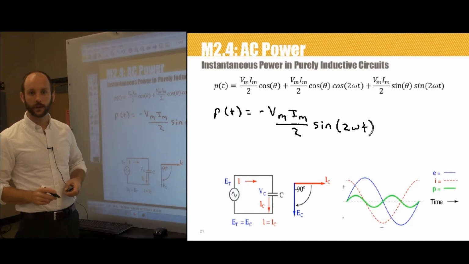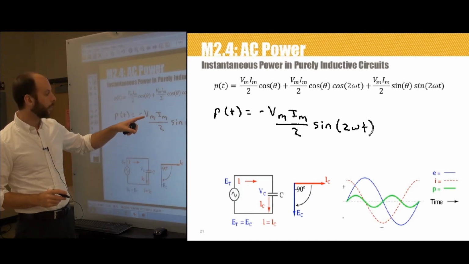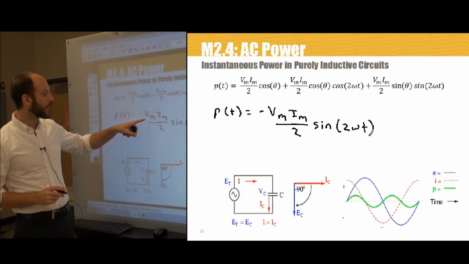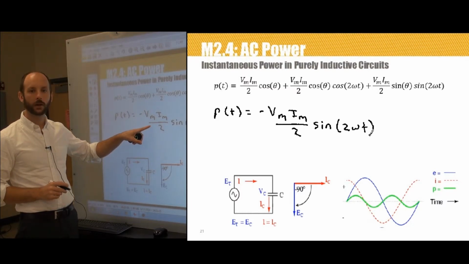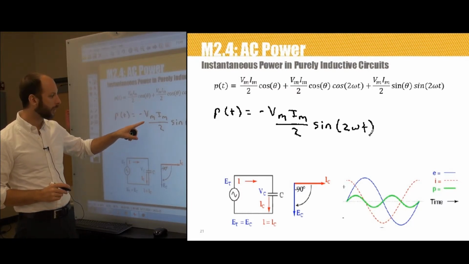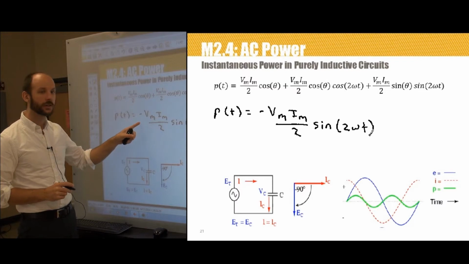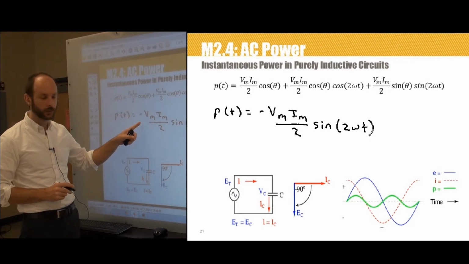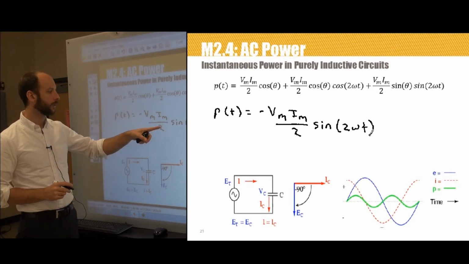So this is interesting. If we were to average the power over one period, we see that there is no offset in this case. Purely capacitive circuit, there's no offset.